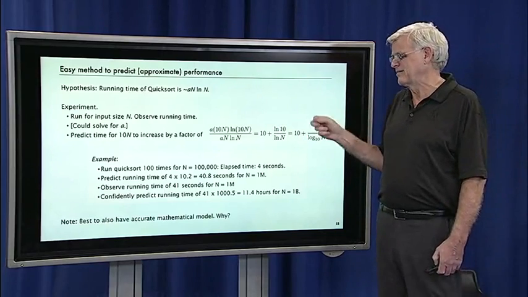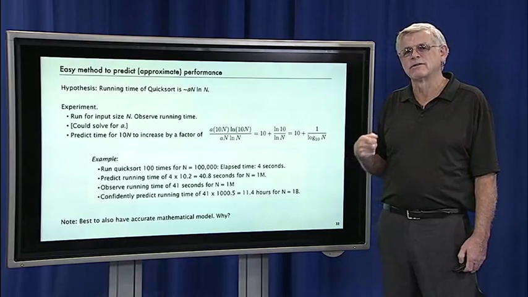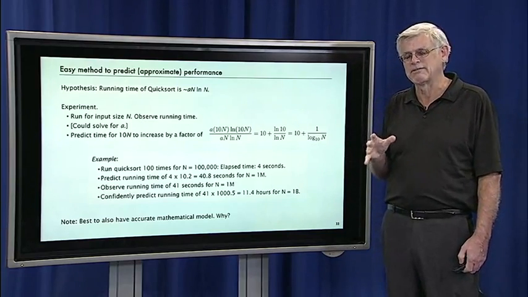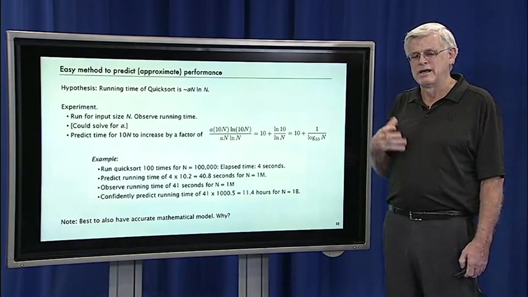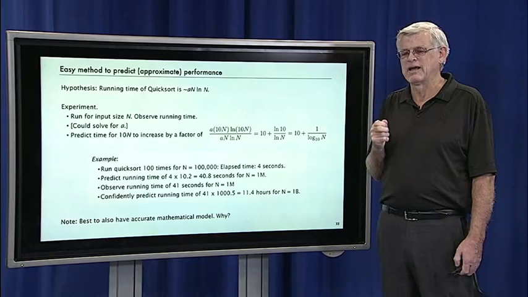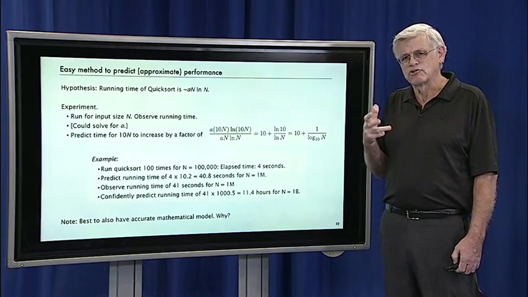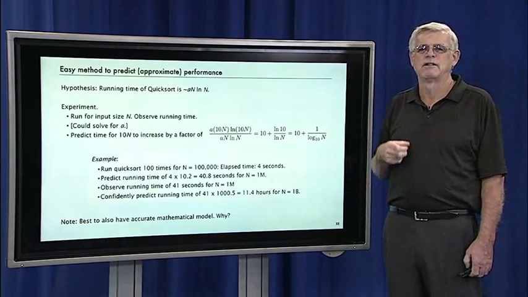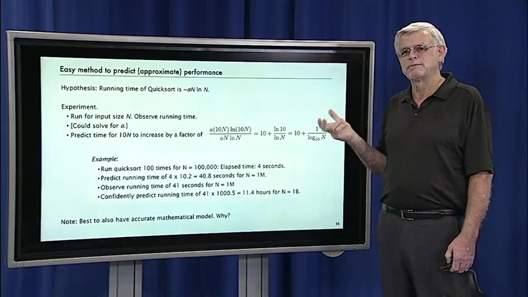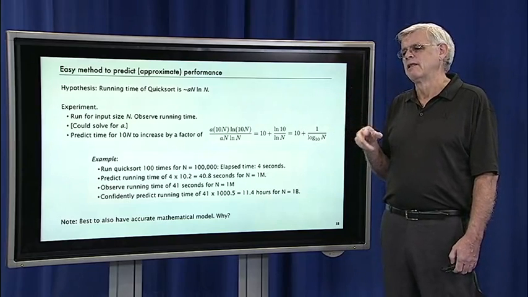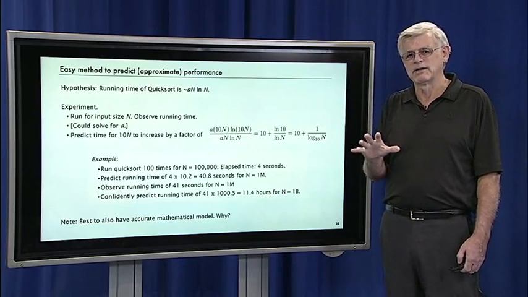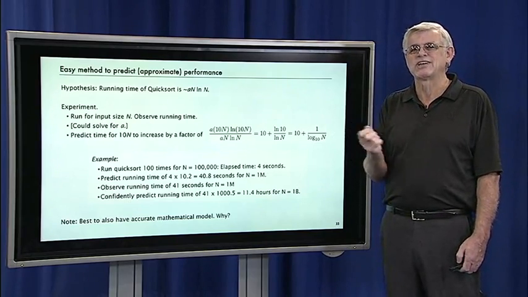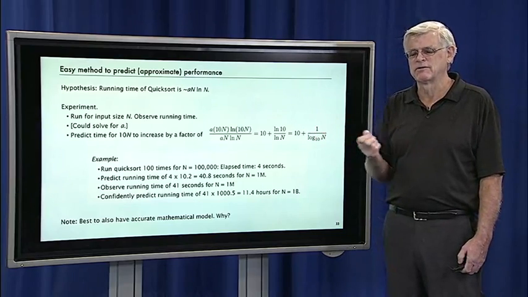Now, I'm not saying that we shouldn't have an accurate mathematical model. It's also important to have the mathematical model. You might want to think about the reason for that. And I'll show an example later on, and you'll have an exercise. The reason is that there might be parameters that are involved in the running time of the program, and we might have the freedom to set the values of those parameters.